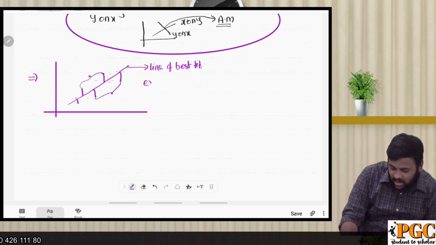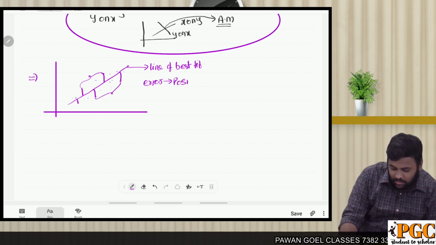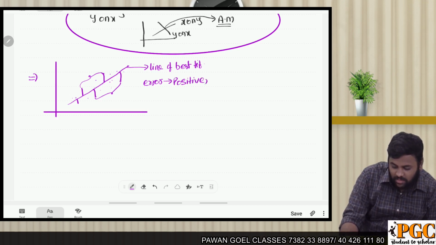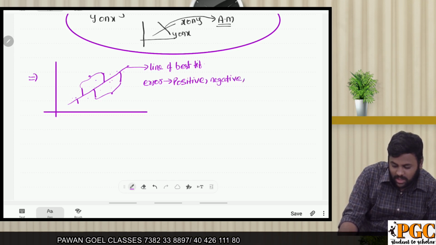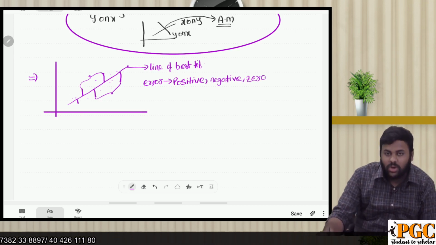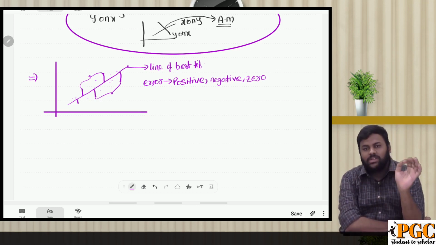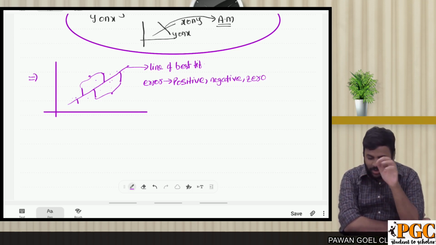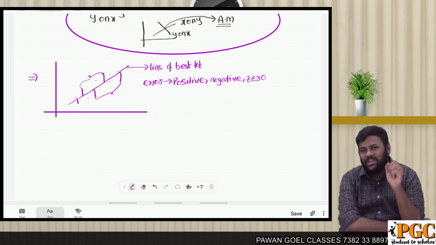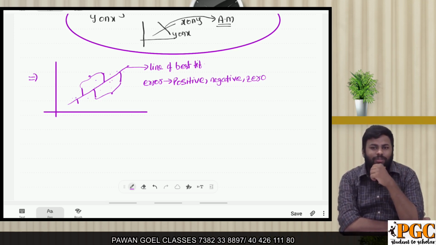So the error of a regression line and points can be either positive, or negative, or sometimes the points might fall exactly on the line. In that case it can be 0. So errors in regression can be either positive, negative, or 0. I hope the basic point is clear, my dear friends, regarding these regression lines. So we are done with the first method, called the method of least squares.